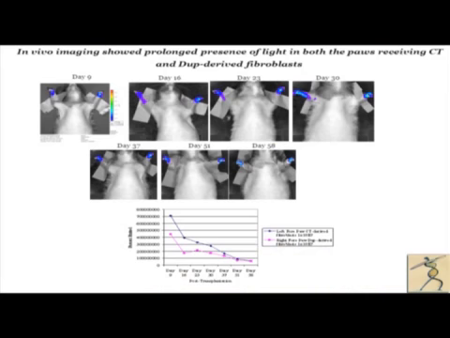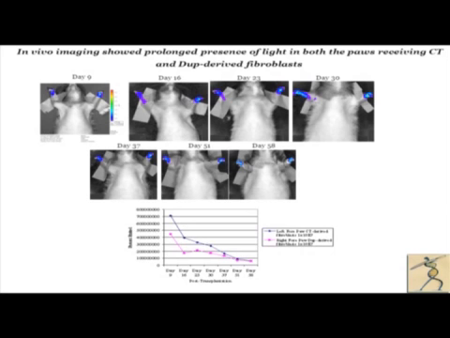So the next step for our model, having convinced ourselves that cells would persist and that they would, in fact, still look like myofibroblasts at the end of that period of time, was to compare fibroblasts taken from carpal tunnel patients with fibroblasts taken from Dupuytren's patients.